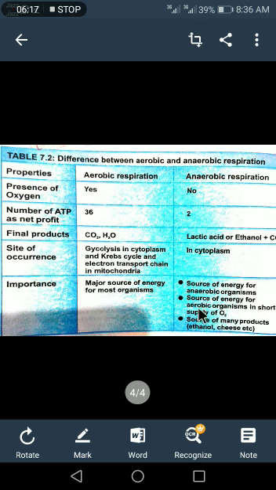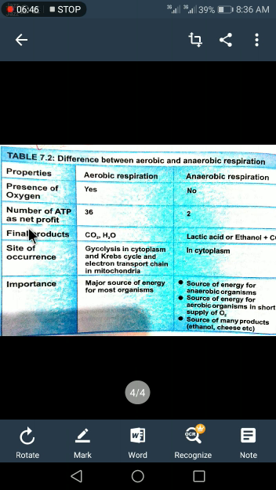Now, what are the differences between aerobic and anaerobic respiration? First difference is the presence of oxygen. We know very well that oxygen is present during aerobic respiration, but oxygen is not required in anaerobic respiration.